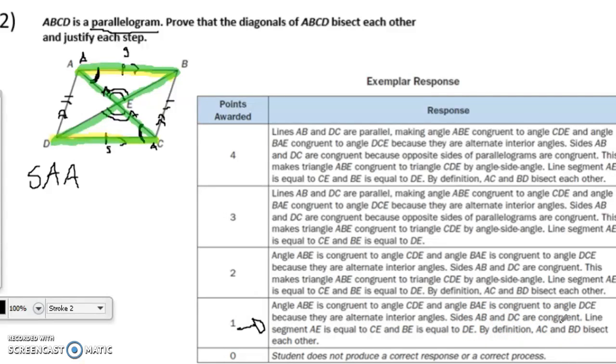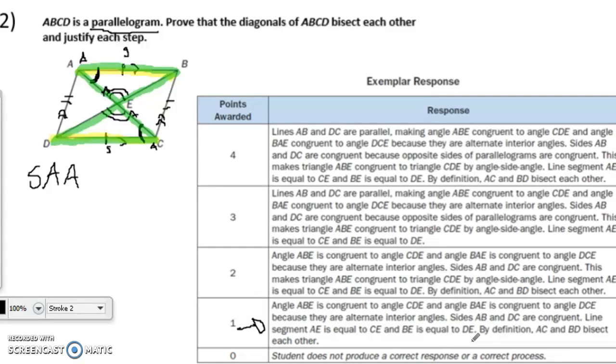They never say because it's a parallelogram, and by definition of a parallelogram, the opposite sides have to be congruent. They say line segment AE is equal to CE and BE is equal to ED, but they don't tell us why. They don't say corresponding parts of congruent triangles are congruent. So everything they've said is correct, but y'all, when you do constructed response, you need to put as many details as possible.